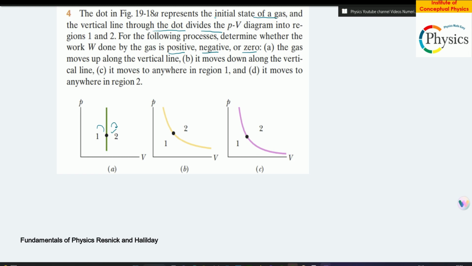And in the case of situation number 2 and 3, right? So these are three situations, 1, 2, and 3. And we have to see the movement of the gas with respect to this dot.